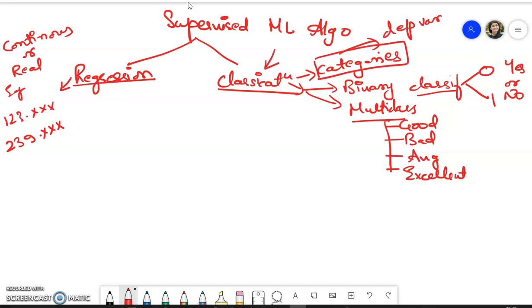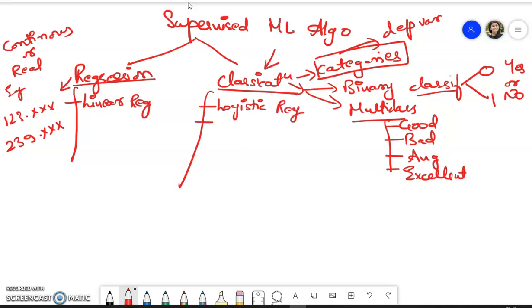Under regression, we have linear regression, and under classification, we have logistic regression, SVM, that is support vector machine. Sorry for the handwriting, it's not at all good.